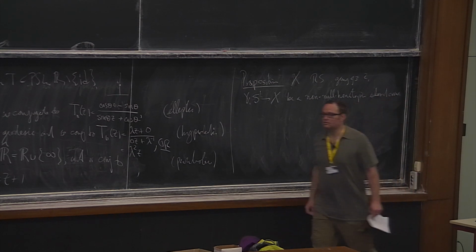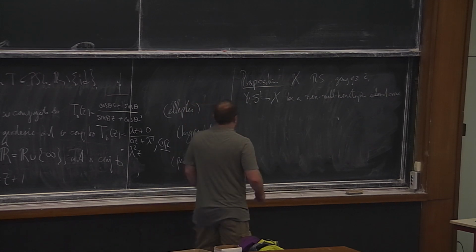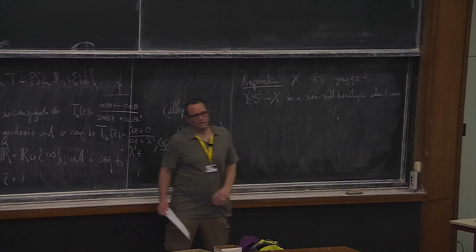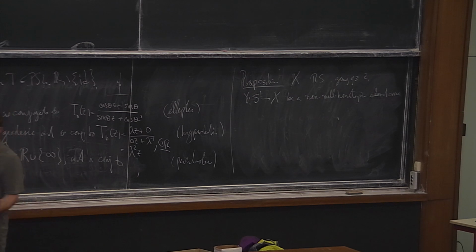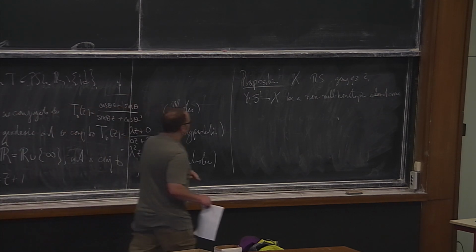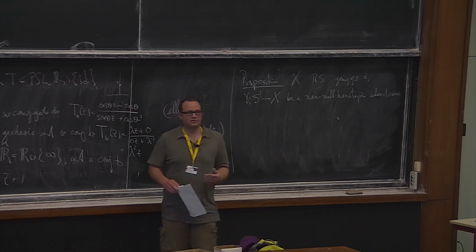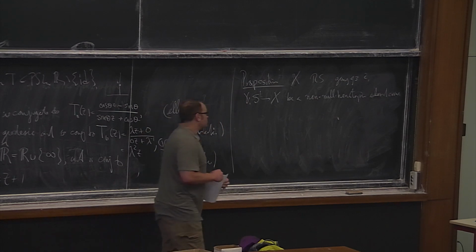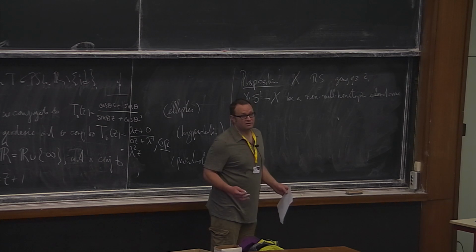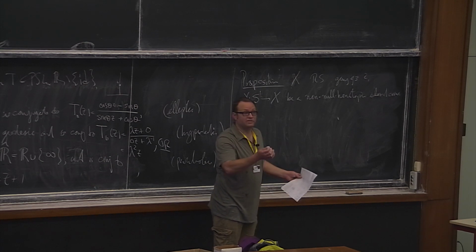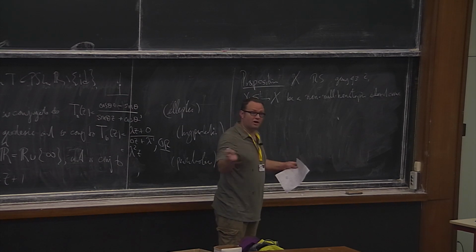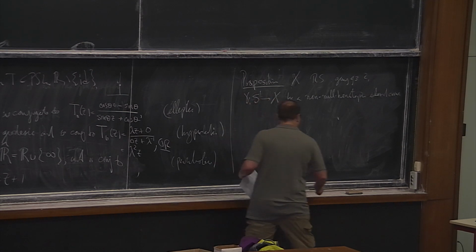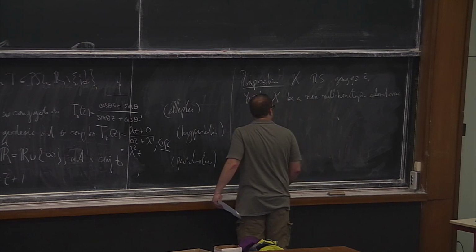OK, so the free homotopy class of this curve, so that is just arbitrary homotopies, no base point or anything. The free homotopy class of any curve corresponds to a conjugacy class in the fundamental group. I can pick a base point on there, and as I do free homotopies, I'm essentially changing the base point.